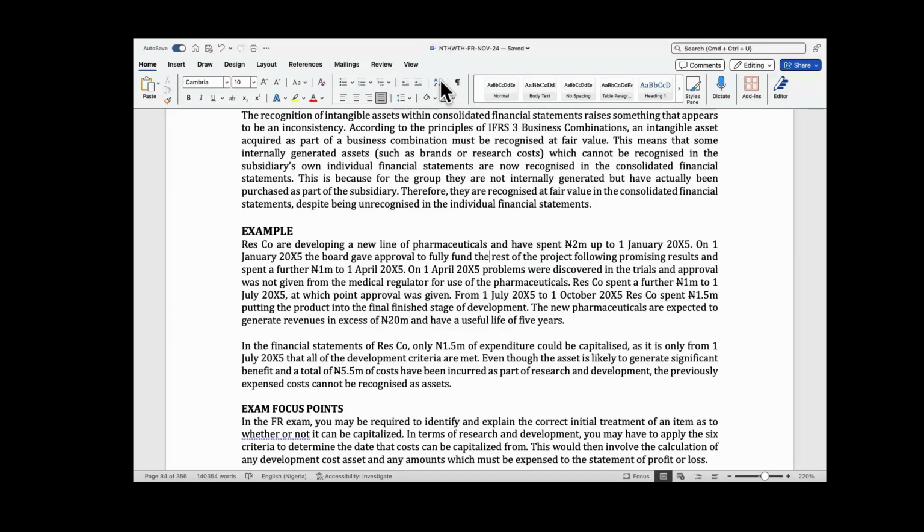In the exam, it's very simple, very straightforward. You can easily tell. But in real life, it's very bad especially for startups to incur so much money and be expected to expense it. So we find that a lot of companies don't follow this.